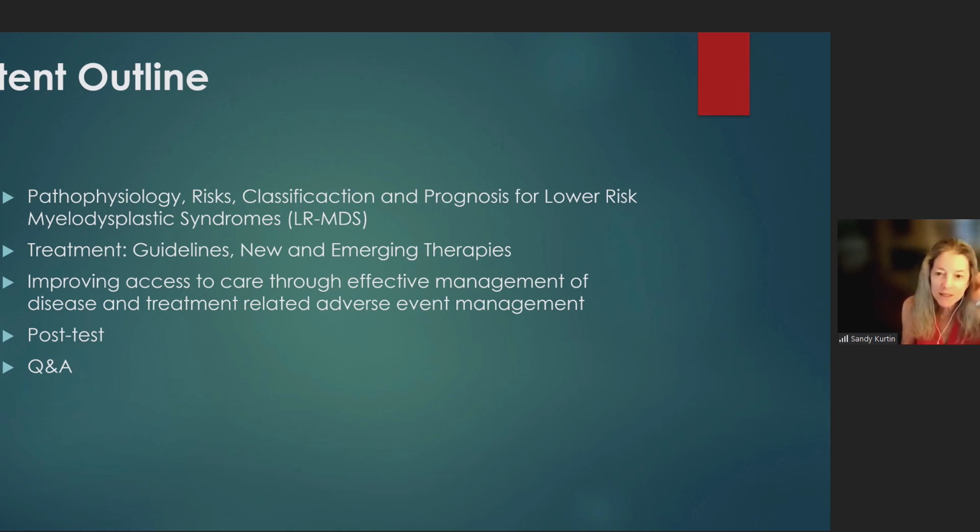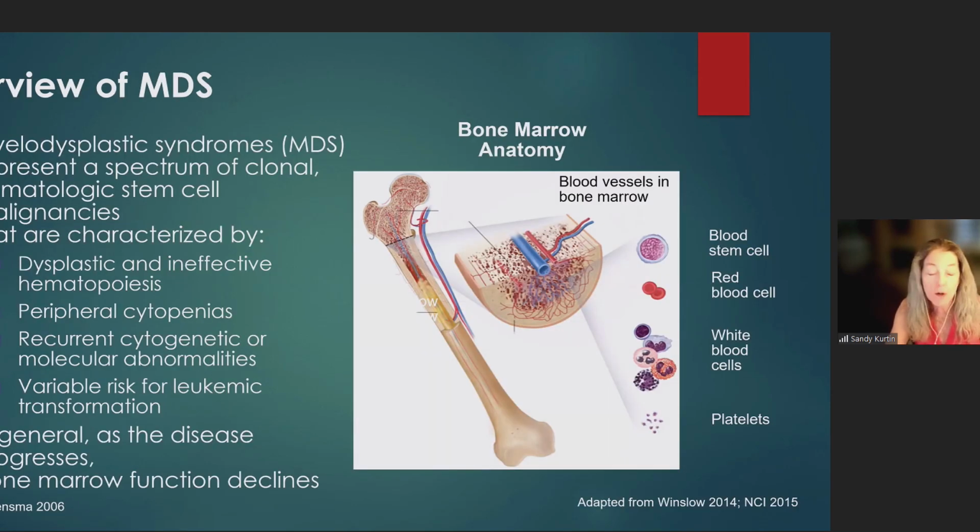So I'm going to just very briefly go over MDS as a disease state, and then we'll really talk about the new nomenclature, which is getting more and more complicated. As you know, myelodysplastic syndromes are a group or a spectrum of clonal hematopoietic stem cell malignancies, myeloid.